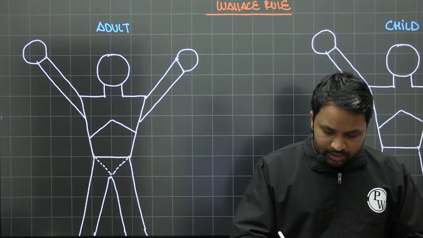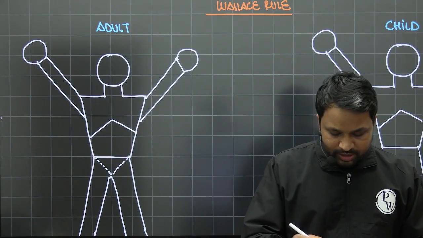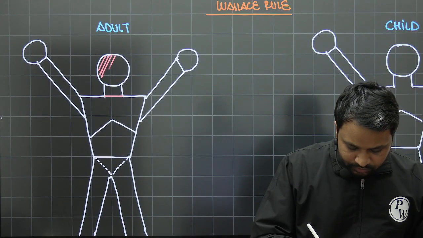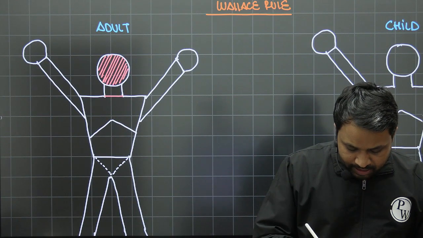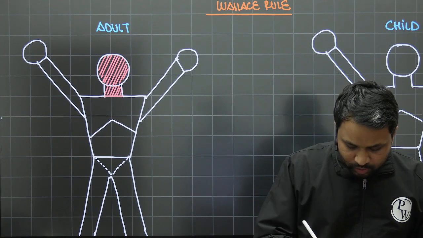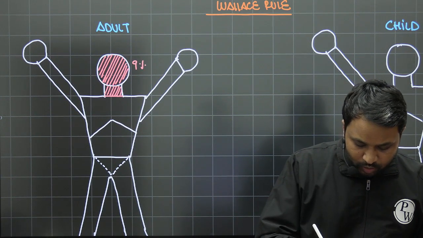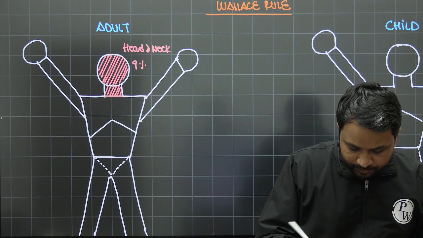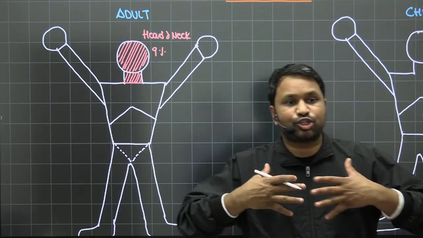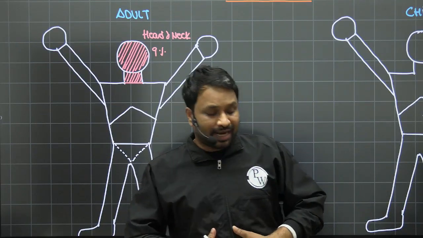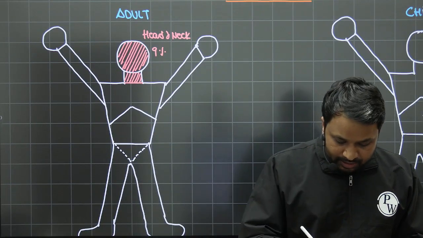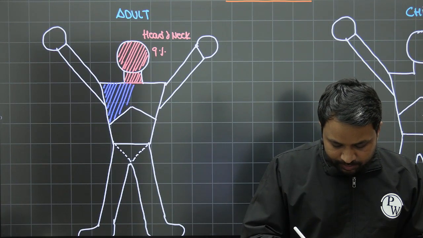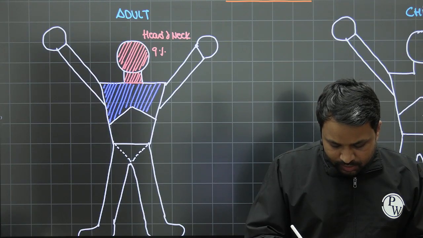In an adult, when you are calculating the percentage of body surface area burnt, the head and neck together account for 9% of the total body surface area burnt. Then you have the trunk, that is the anterior part of the chest as well as the abdomen.